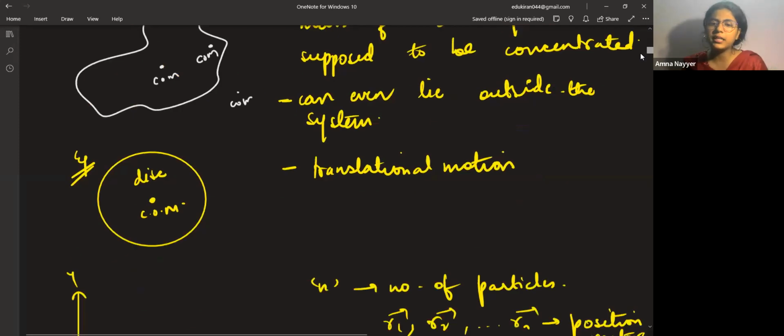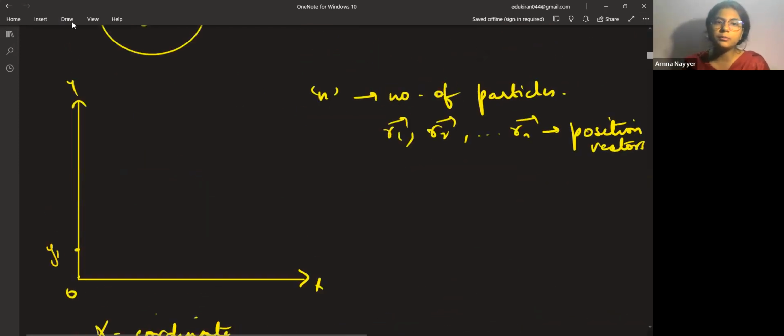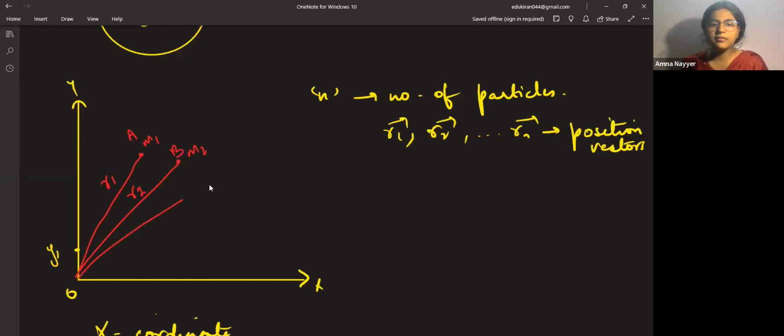Now coming to the formula portion. Suppose there is one particle at point A. This separation is R1 and the mass of the particle is M1. I have taken one more, M2, R2 at point B. I have taken one more at point C, R3, mass M3.